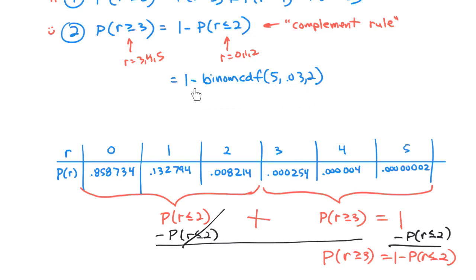You can go 1 minus, and then go second vars to get here. Or what some people do is they just do this first, then go 1 minus that answer. But either way you go, we're going to get a really tiny number, and we need to talk about how to deal with that number.